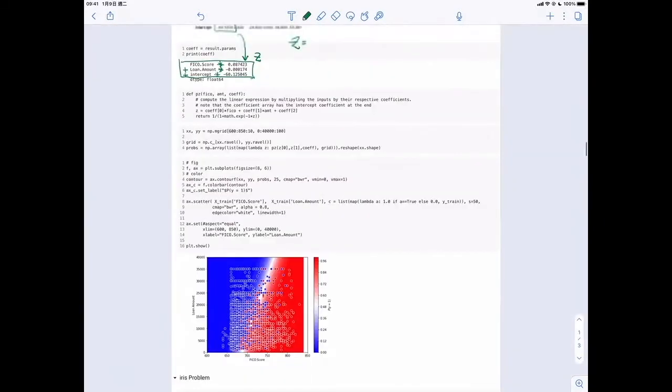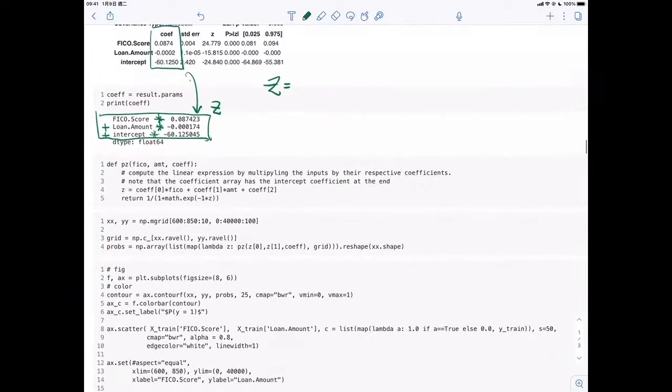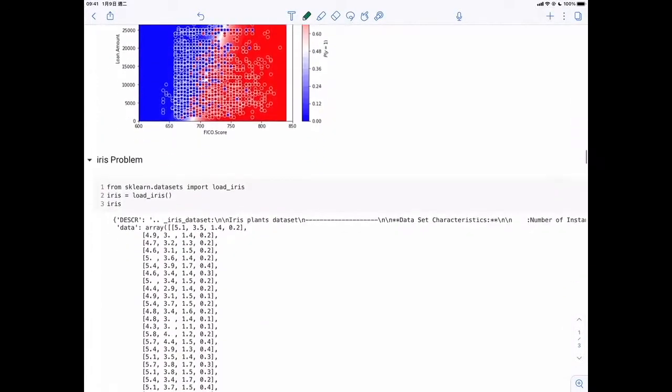In the previous example, we used only one variable, score, so you can easily draw the z shape using a line. However, in this example, we have two variables and one intercept. So how do we draw this figure? We draw it this way.